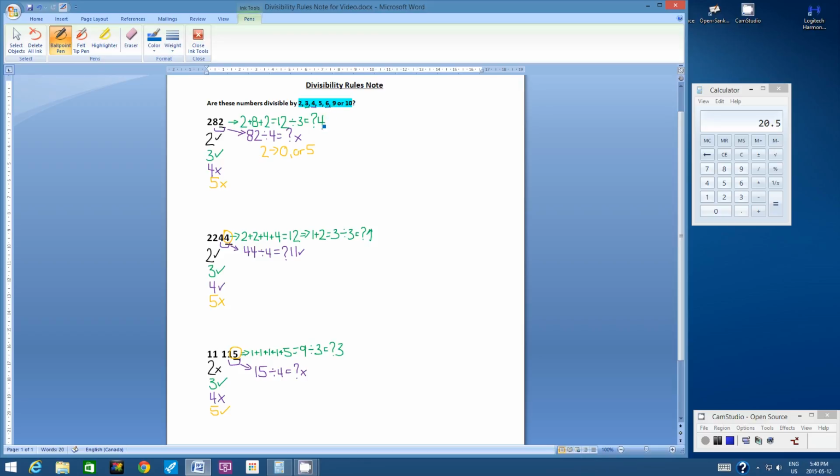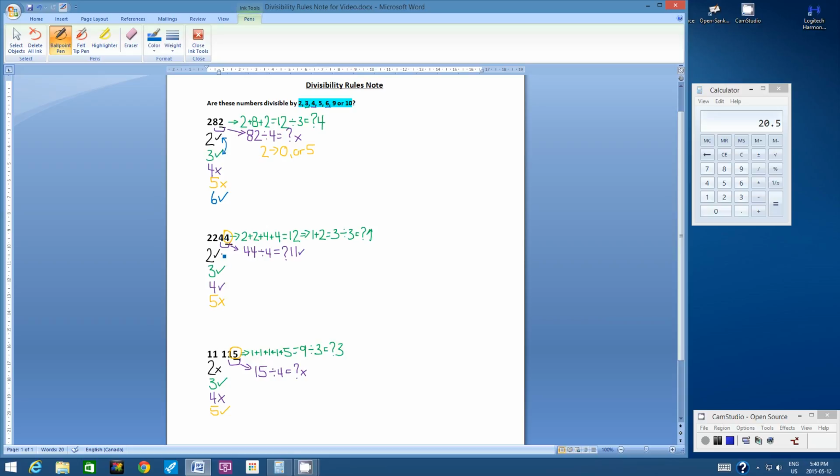The divisibility rule for 6 is the number must be divisible by 2 and 3. If we look at the number 282, is it divisible by 2? Yes, it is. Is it divisible by 3? Yes, it is. So we know that 6 works for 282. Let's go to the next number, 2,244.